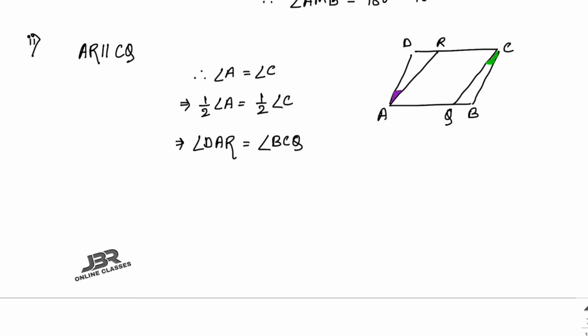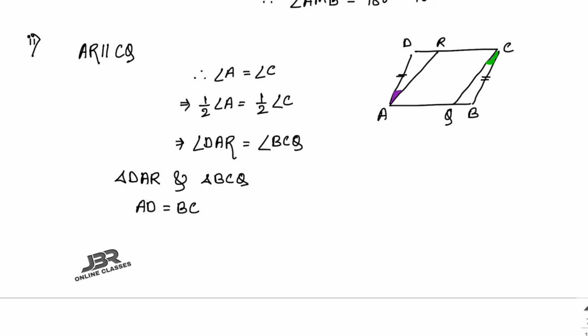Now here you have two triangles. The first triangle DAR and the second triangle BCQ. From these two triangles, first you can write AD is equal to BC because they are the opposite sides of the parallelogram.